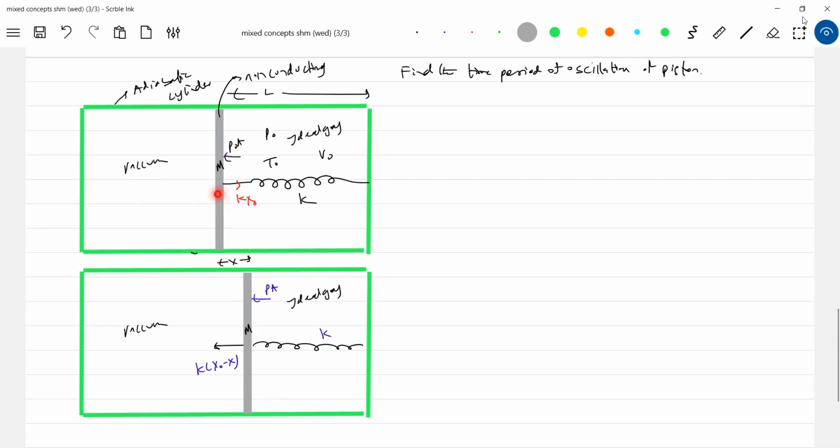If I move towards the right, this elongation decreases.